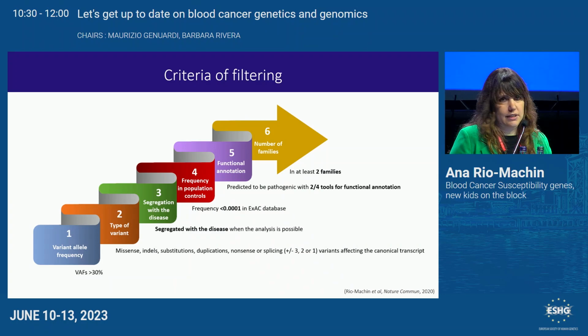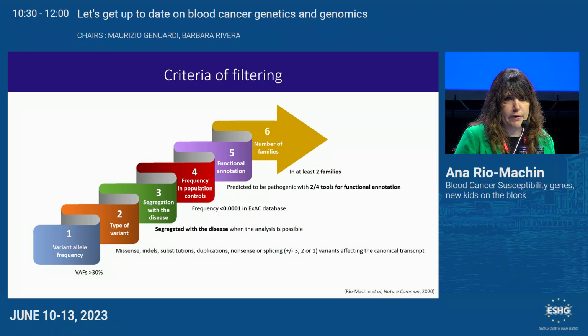We followed these filtering criteria. We looked at the BAF when we didn't have germline material, so we only took variants with higher than 30% BAF. We obviously only picked up mutations that segregated with the disease when we had two members analyzed from the same family. Sometimes that was not possible, depending on the family.